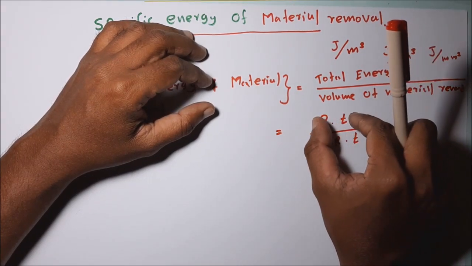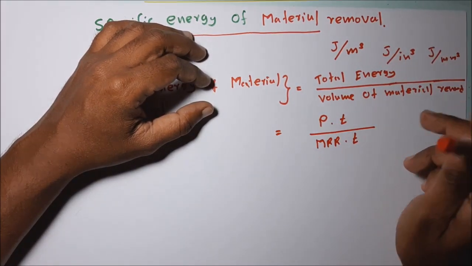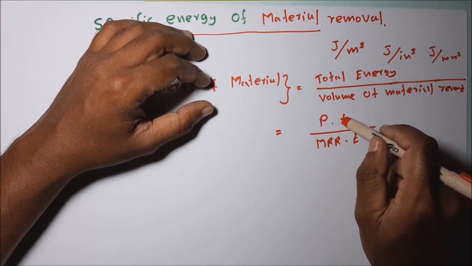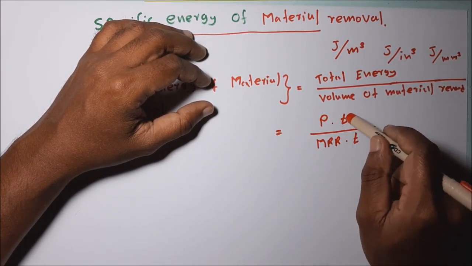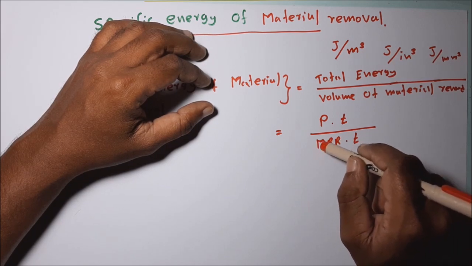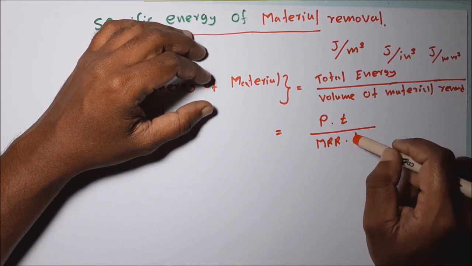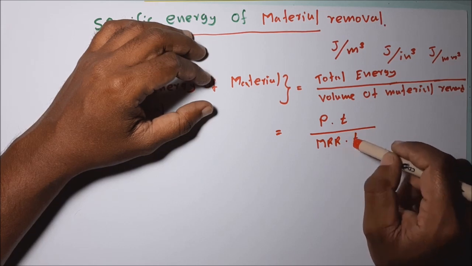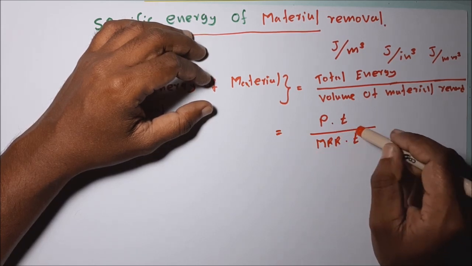The material removal rate, in cubic inches per minute for example, multiplied by the total machining time T gives the total material removed.